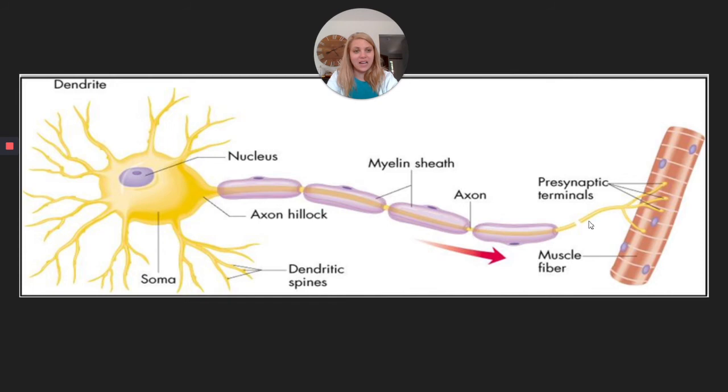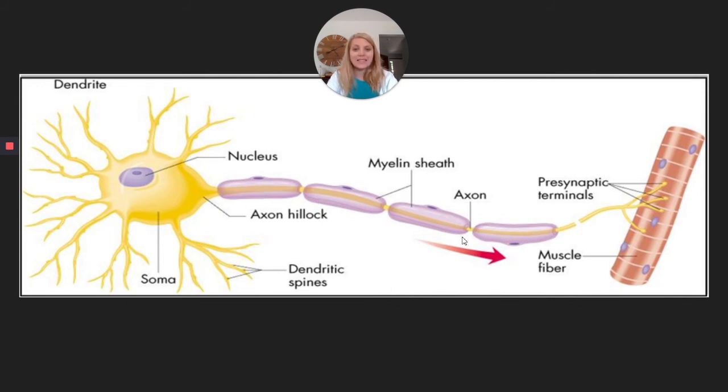And so our axon is going to be either attached to another neuron, which is what the vast majority of them are going to be, or we can actually tell that in this diagram we are looking at a motor neuron because at the end we have a muscle fiber. And so my axon is going to go and either connect with the dendrites of another neuron, or it's going to connect with a muscle fiber.